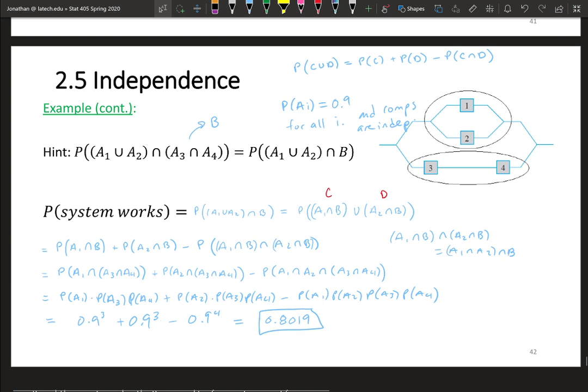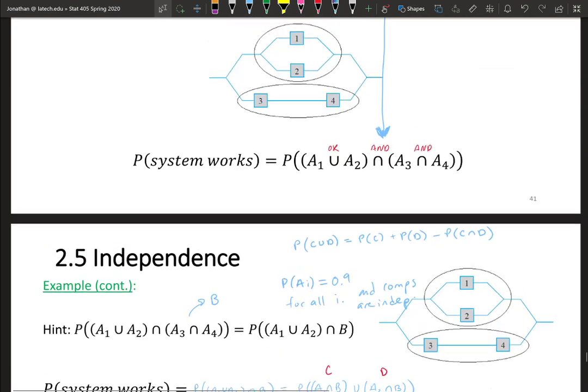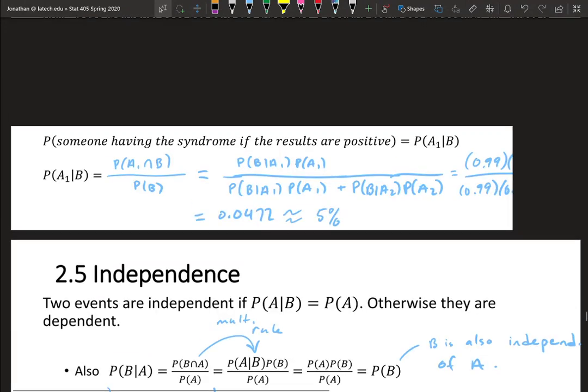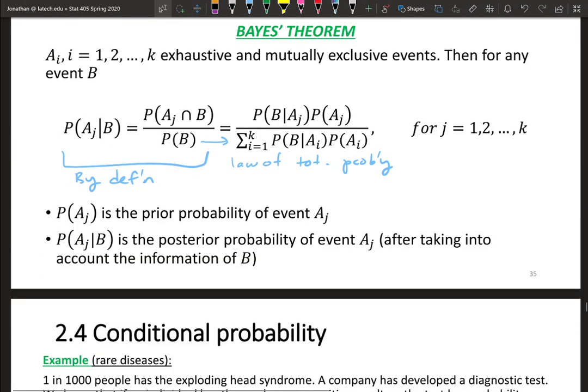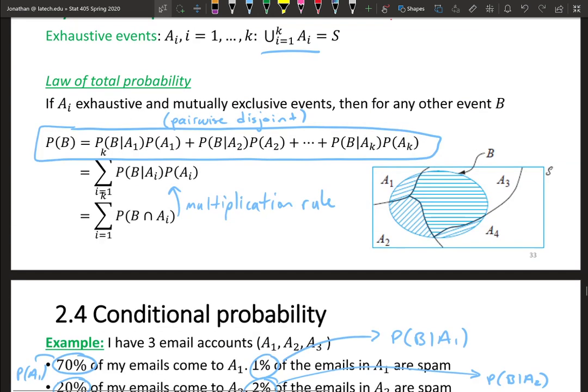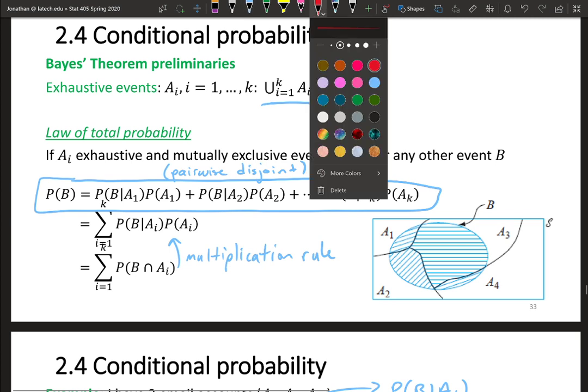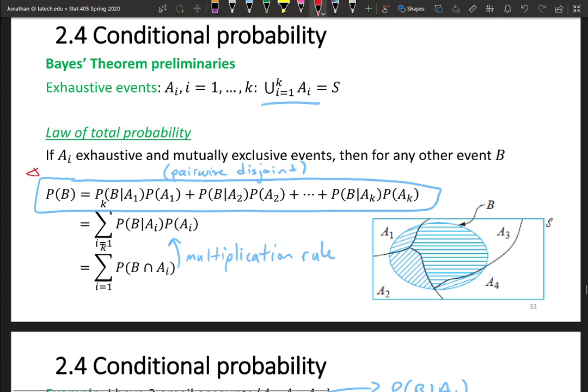So let's go back to Bayes' theorem a little bit. Let's review Bayes' theorem just from last time, that conditional probability stuff, where we talked about the law of total probability right here. So this law of total probability is super important. So we do that.